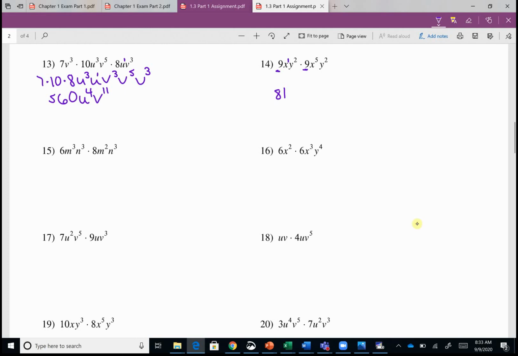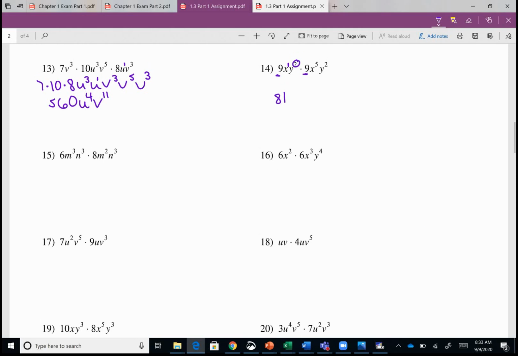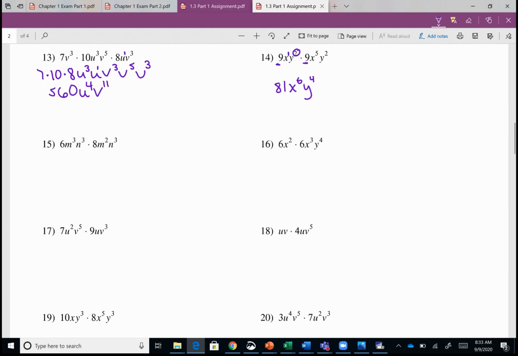This 2 is just for the y. That 2 is just for the y, not the x. So we're going to have x to the, we have 1 plus 5. And then y, we have 2 plus 2. So check your number 14. Make sure you're on the right track with 14. If you need some help, let me know. Mr. Andrews or myself can be around to help you out.